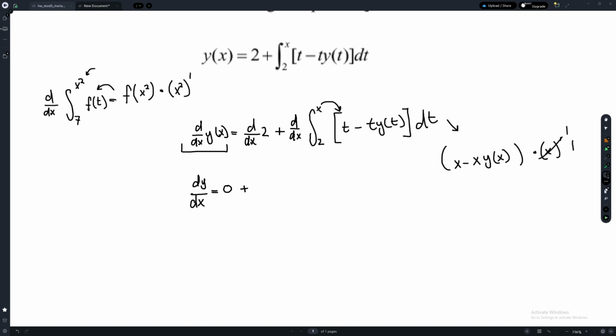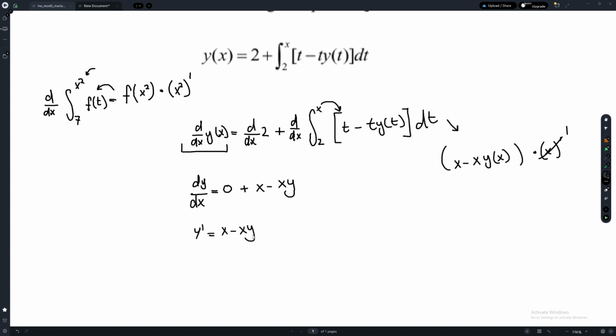When we rewrite this, what we'll have is x minus x, and then y of x is just y. Remember how I said this is y prime? Same thing. So this looks like your y prime. Y prime equals x minus xy.